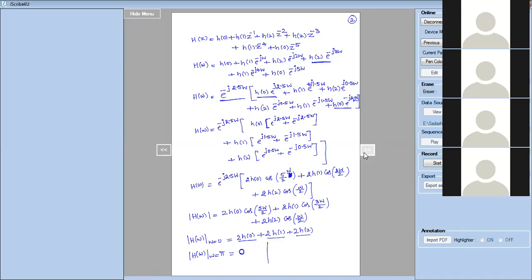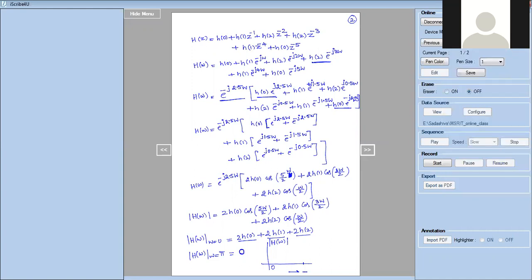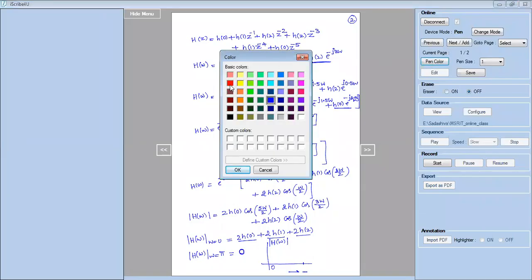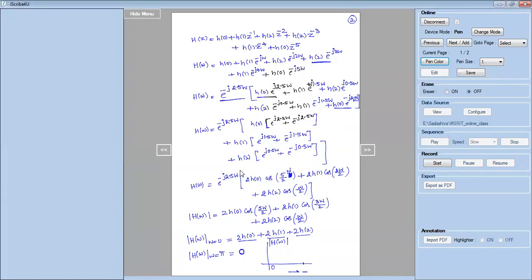So that means if you note down the frequency response in type 2, if I consider omega here and the magnitude of h of omega, at omega equal to 0 I cannot say what it will be, but at omega equal to pi, my magnitude will be 0.